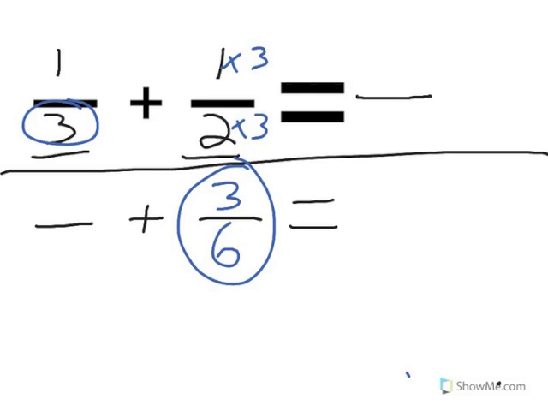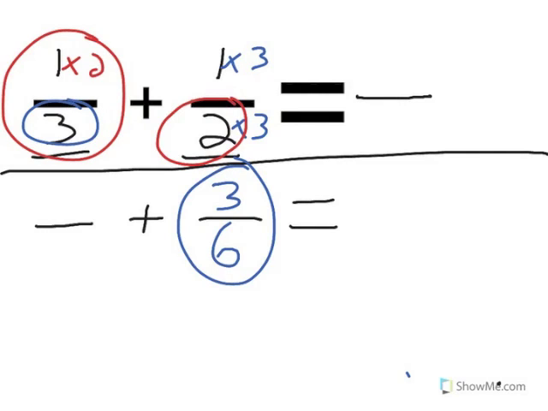Now, to get the first fraction ready to go, we're going to take the denominator of the second fraction, which is 2, and we're going to multiply the numerator and the denominator of the first fraction by that number 2. So times 2 and times 2. 1 times 2 is 2. That gives us our answer for the first fraction down here. And 3 times 2 is 6.